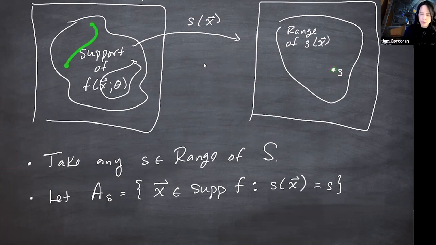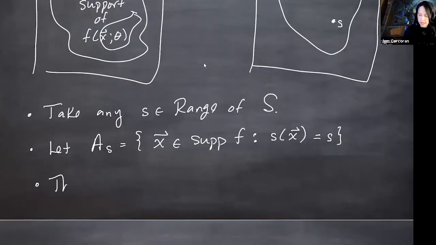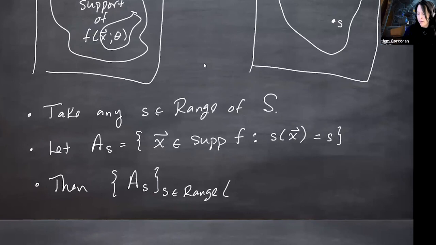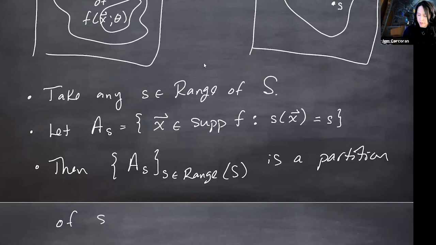So if you go back and look at all of the A's, they're going to make a partition here. So the set of A_s's for s in the range of S is a partition of the support of f, meaning the joint PDF.